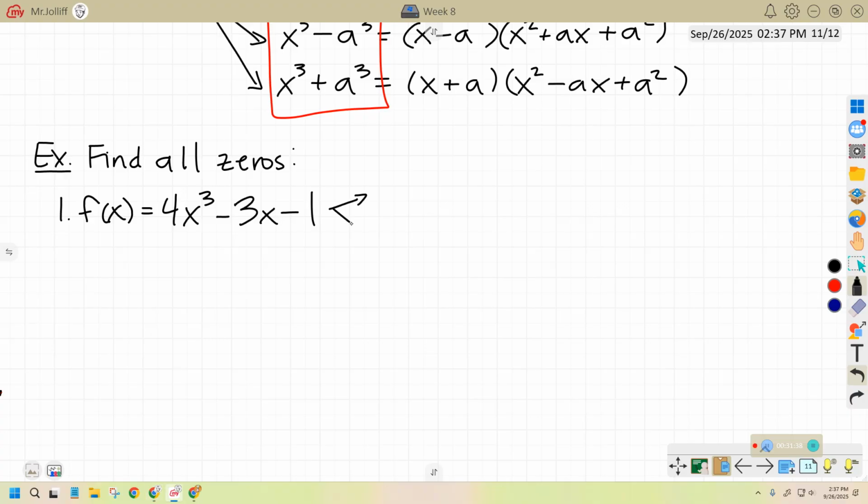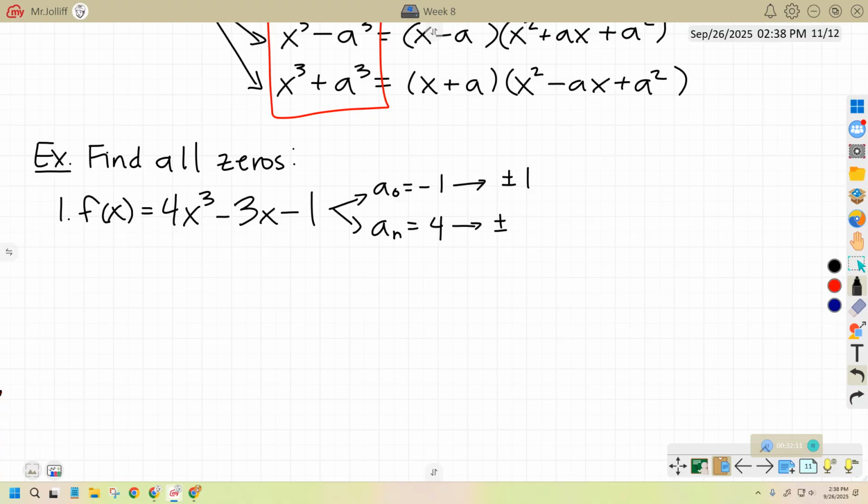So rational zero theorem, first thing we do is look at constant term and leading coefficient. So -1, +4. And we list the factors. So we know 1 has factors of plus and minus 1. 4 has factors of what? 2 numbers that multiply to 4. 2 and 2.